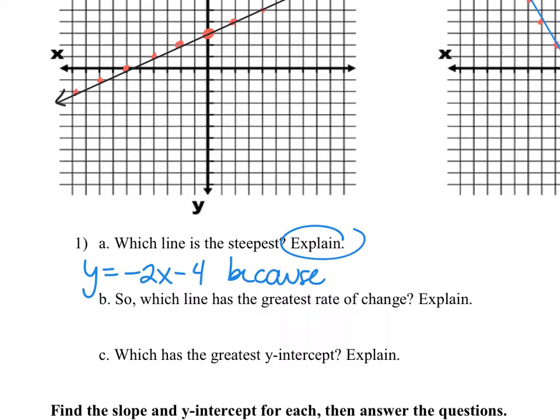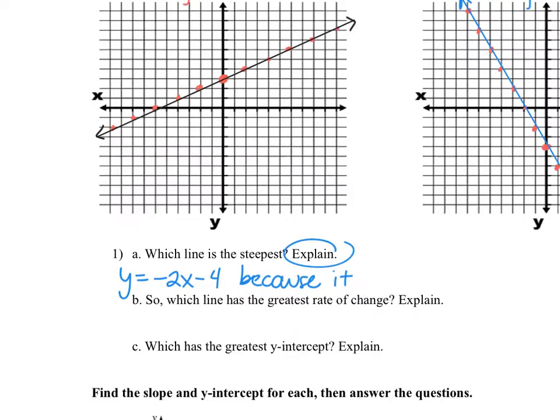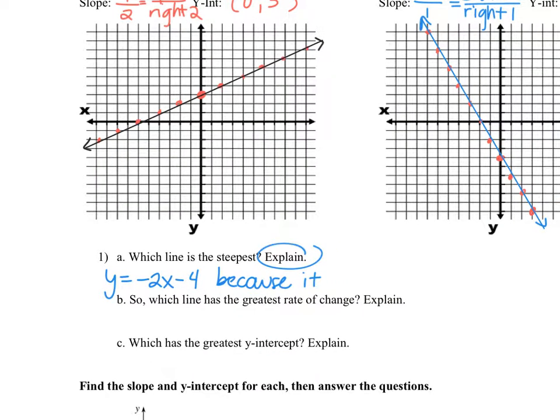You could put it in your own words because it looks like a steeper hill because it's going down more, right? It's going down 2. The other one is going up 1. I'm just going to say because it looks like a steeper hill or a taller hill, right? We're not getting technical here.